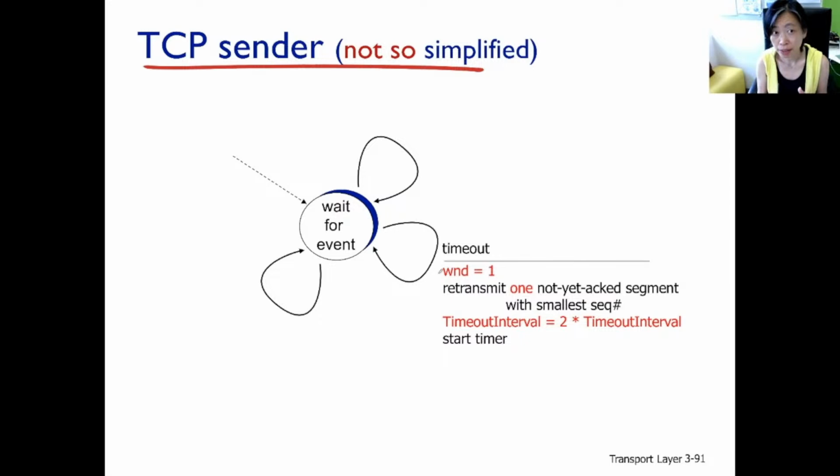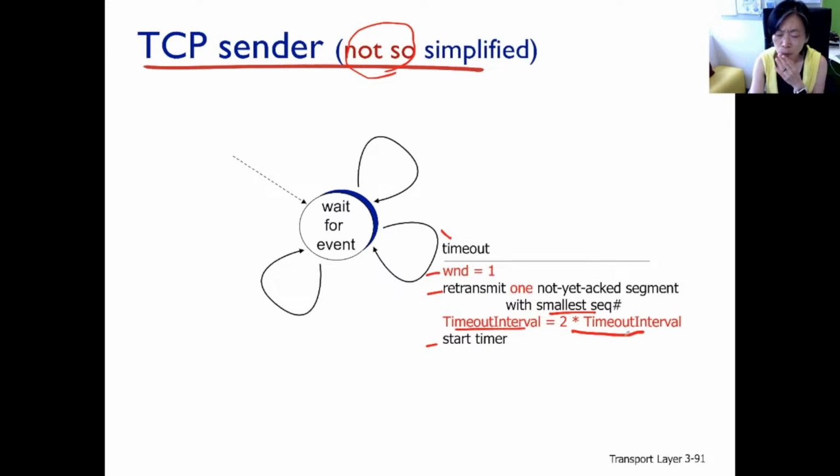Let's define more precisely what the TCP sender does when there is a timeout event. Note that this is no longer the simplified TCP. This one is actually quite realistic considering congestion control. So in that, step number 1, the window size is dropped all the way to 1. As a result, we are only allowed to transmit 1 segment, the smallest sequence number segment. And then we're supposed to start the timer, but the timeout interval is set this way: 2 times the current timeout interval value.